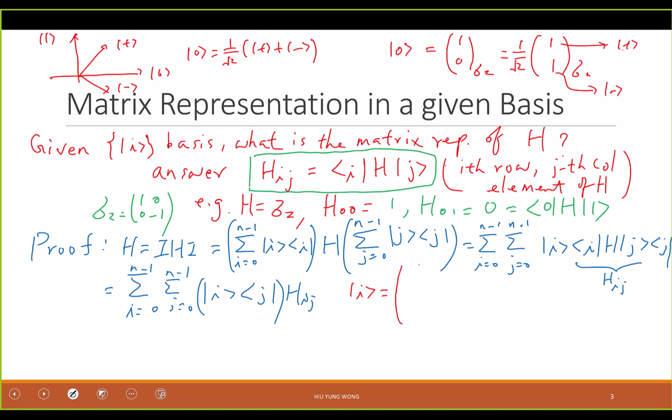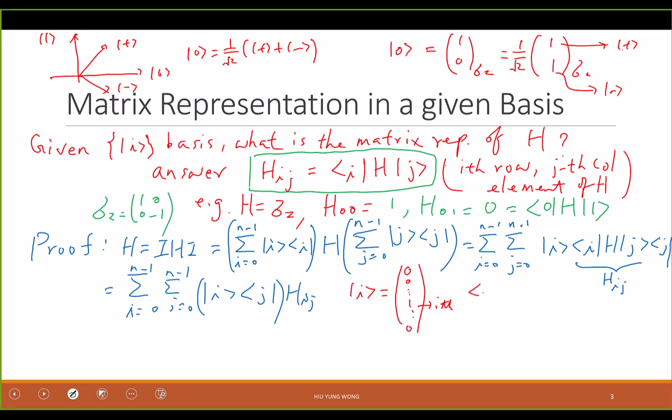What is i? I just told you i is the basis vector, right? So in column form, how does it look? It should be 0, 0, all the way to 1, which is the ith element, right?